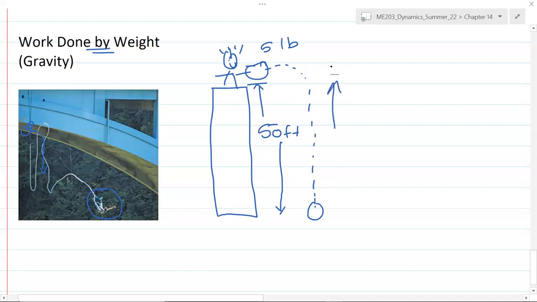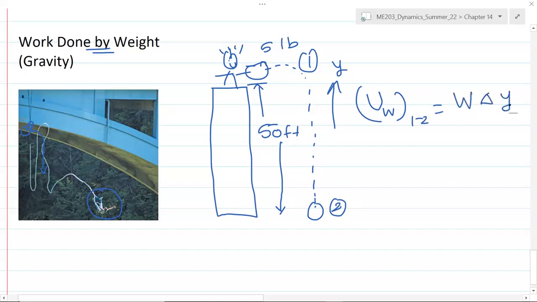So let's define the y-axis, the vertical axis. Work done by gravity, we can call that Uw, going from position 1 to position 2, is W, the weight, multiplied by the displacement.